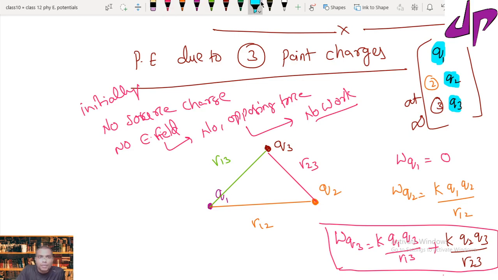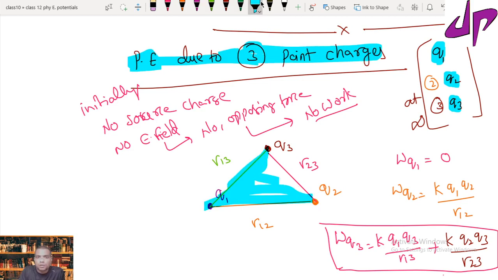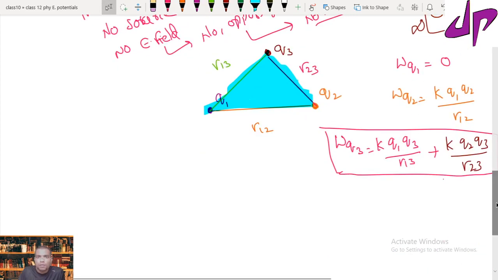Now we need to find the potential energy due to 3-point charges in this system. What is the potential energy of this triangle-shaped system? We can write the total work to bring 3-point charges as the work done to bring charge q1 plus the work done to bring charge q2 plus the work done to bring charge q3.